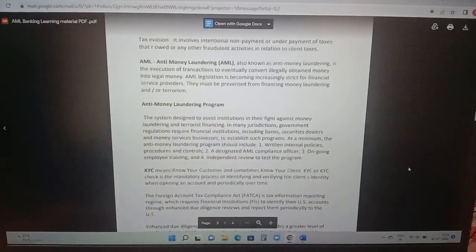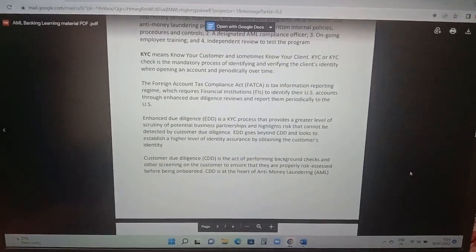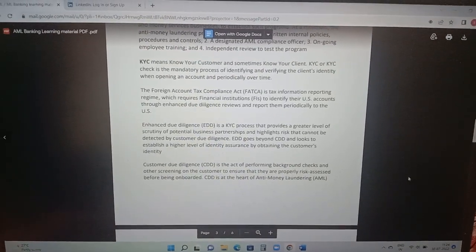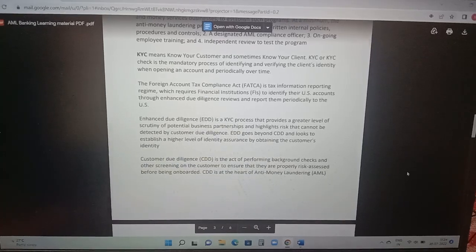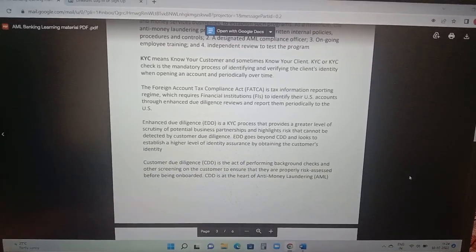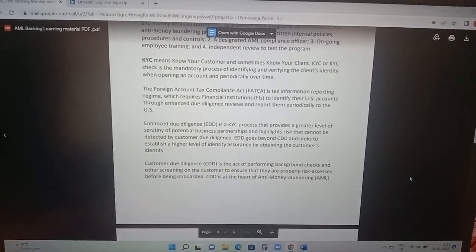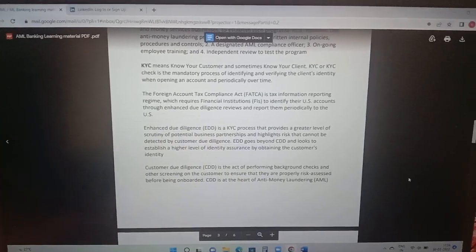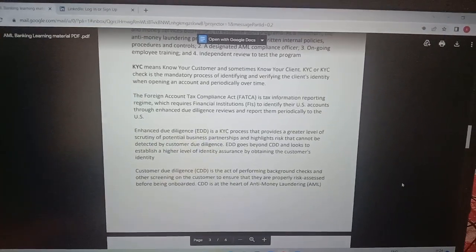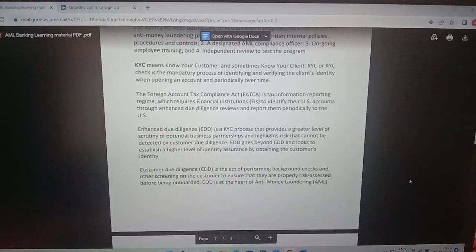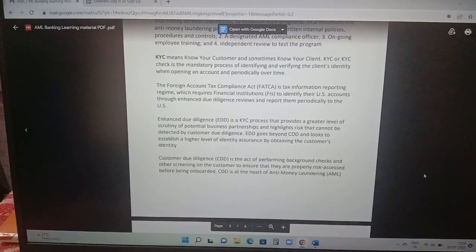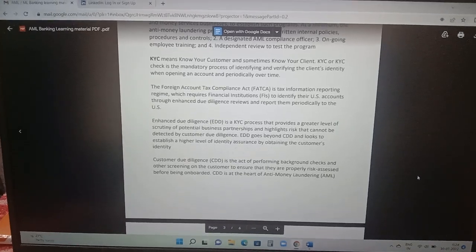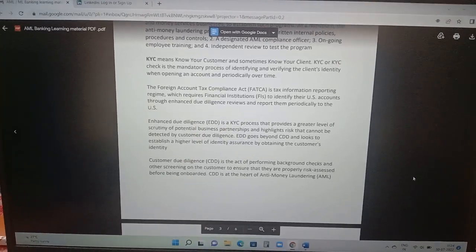Then let's speak about KYC. This is verifying the data or checking the customer's basic information. It's called Know Your Client. We check the mandatory process of identifying and verifying the client's identity while opening a bank account, or over a period of time.